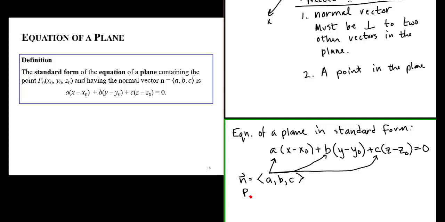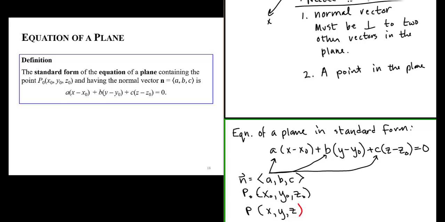P naught is a point in the plane, so P naught has coordinates x naught, y naught, and z naught. And then P is just some arbitrary point that lies in the plane.